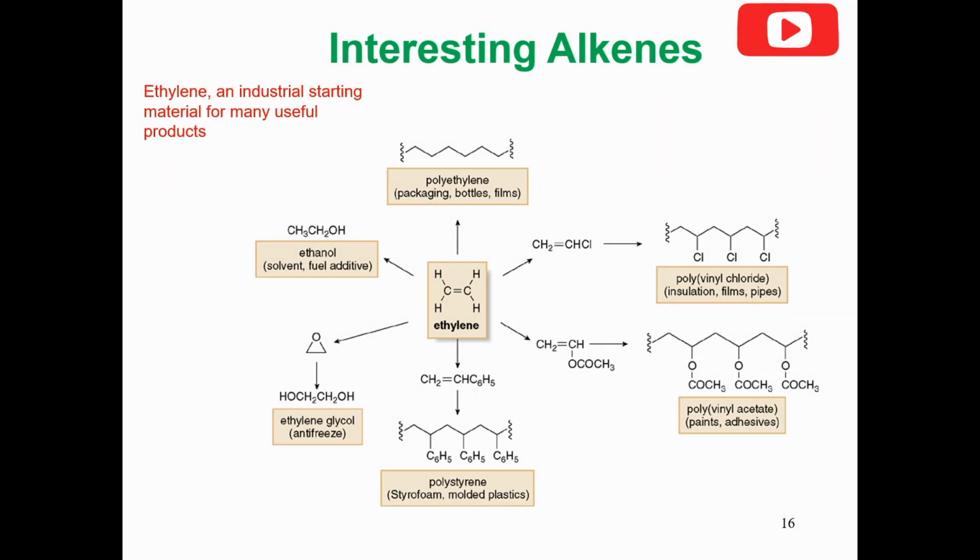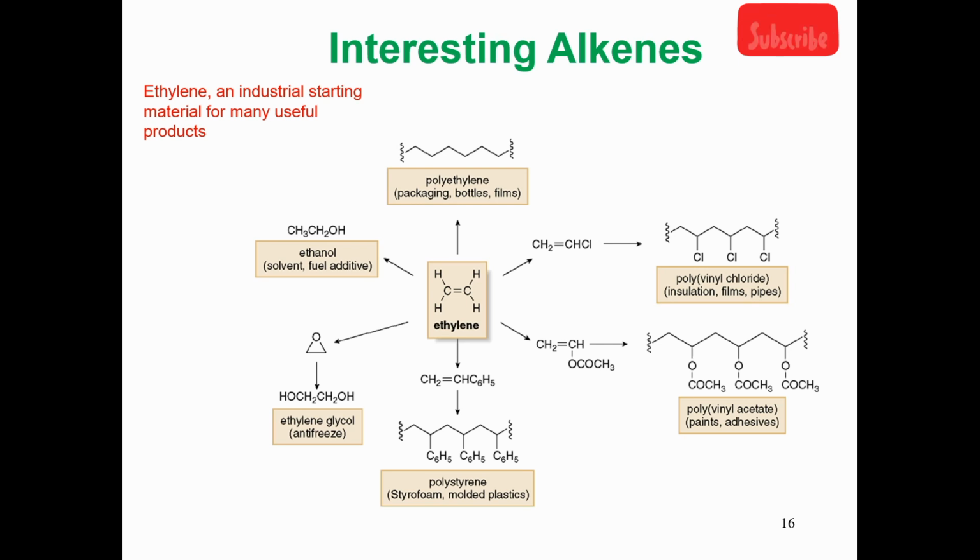These alkenes are interesting because they are useful in our day-to-day activities. We have ethylene as polyethylene. When ethylene undergoes polymerization, it will form polyethylene. These polyethylene are what we call polythene bags.